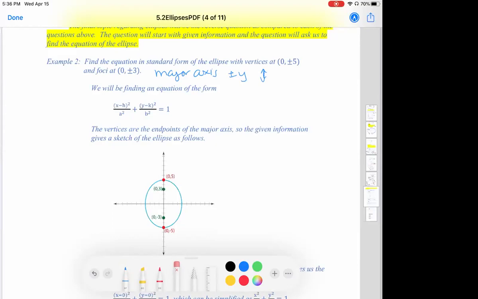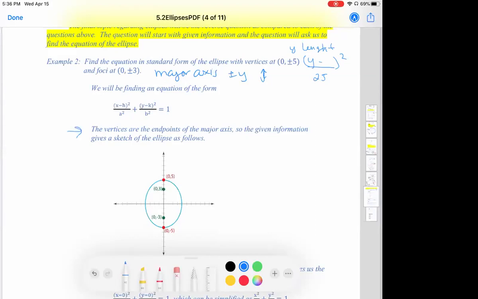So that's telling us the length of my y values. So I know I'm going to have 25 for y minus your center squared, right, for your k?